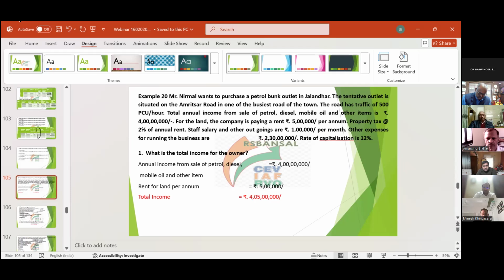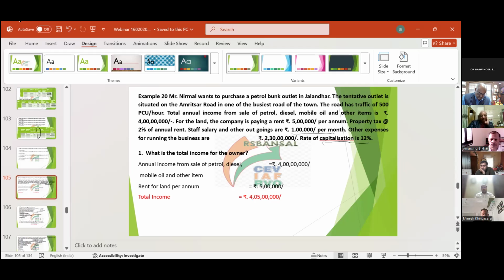For the land the company is paying a rent of 5 lakh per annum. Property tax at the rate of 2% of annual rent. Staff salary and other outgoings are 1 lakh per month. Other expenses for running the business are rupees 2 crore 30 lakh. Rate of capitalization is 12%.